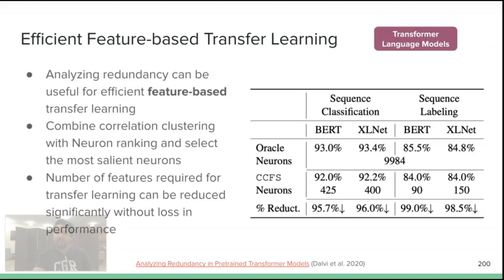Doing this, they were able to reduce the neuron set to less than 100 neurons for several tasks while maintaining more than 97% of the performance of the oracle that uses the entire network. The procedure achieves a speed up of around 6.2% in computation time for sequence labeling tasks as opposed to using all the features.